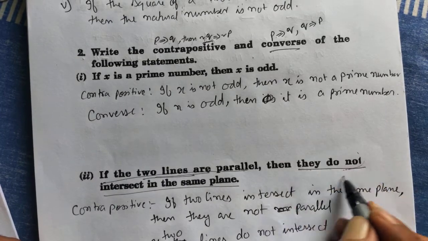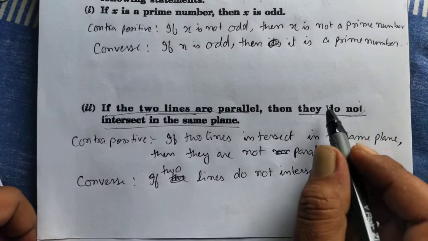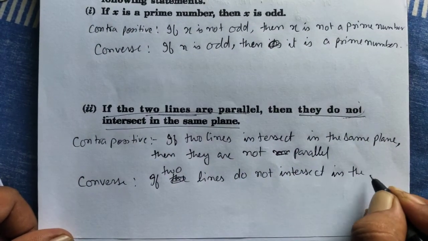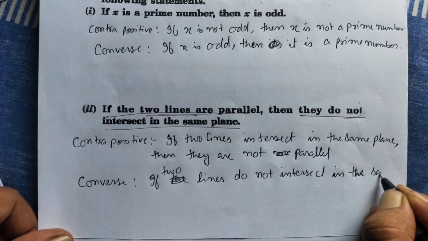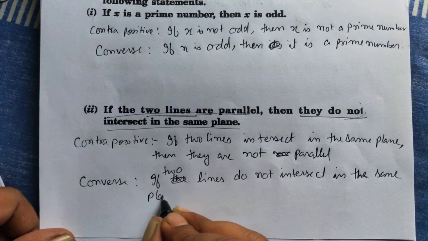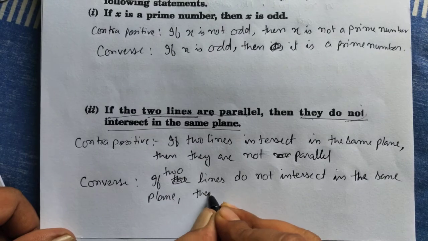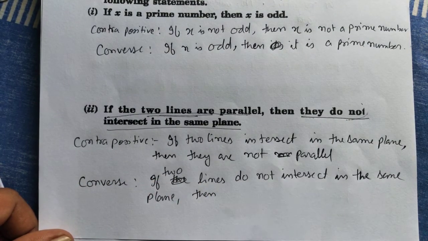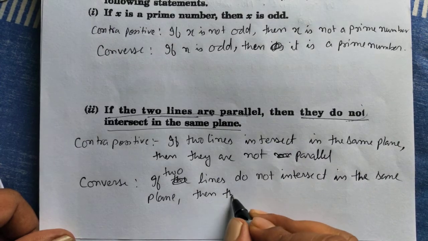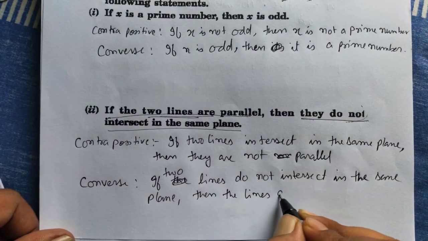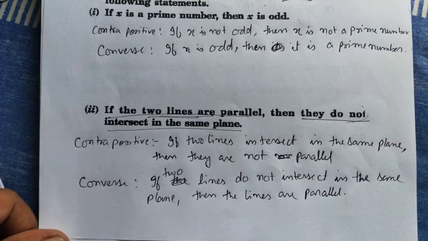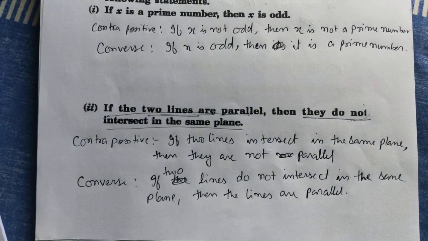If two lines do not intersect in the same plane, we're not changing the statement in converse, then the lines are parallel. Or we can say then they are parallel.